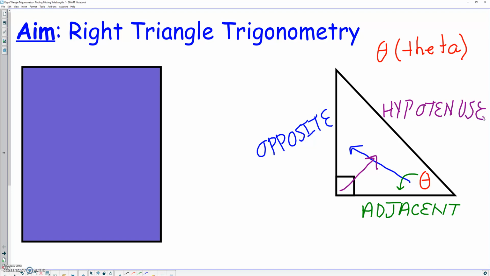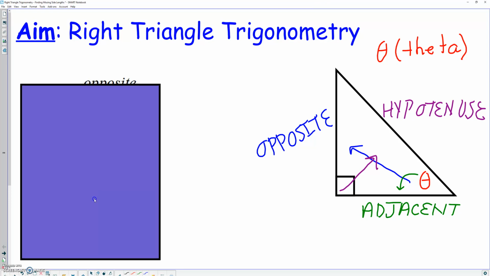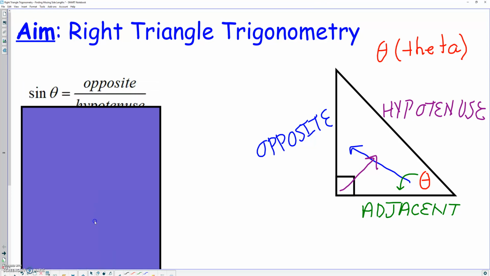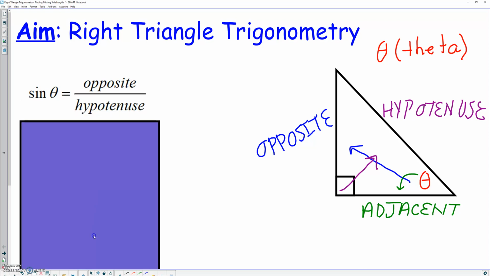Okay, so now we're going to go over our three trig ratios. So the first one is sine of theta, which is abbreviated SIN. So sine's ratio is always the opposite side over the hypotenuse. Second ratio is cosine, which is abbreviated COS.